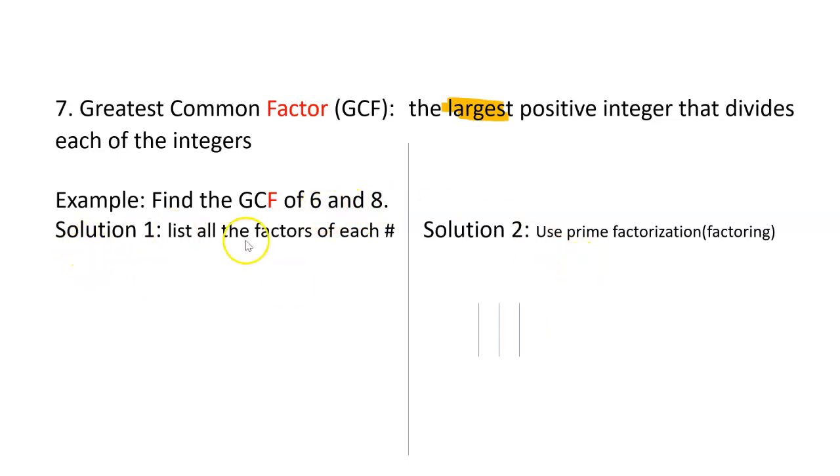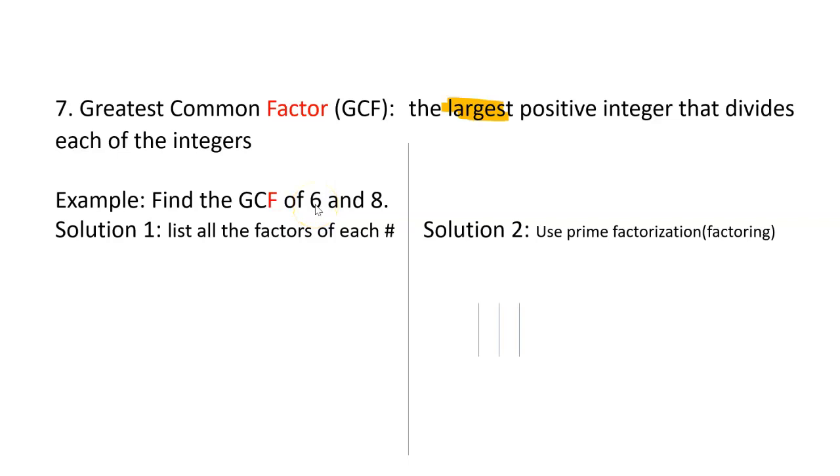So first the solution, and we want to list all the factors of each number. For example, GCF, F here means factor, and a factor is a number that can go into 6 and also can go into 8. We can start with 1, and we know 1 goes into any number.